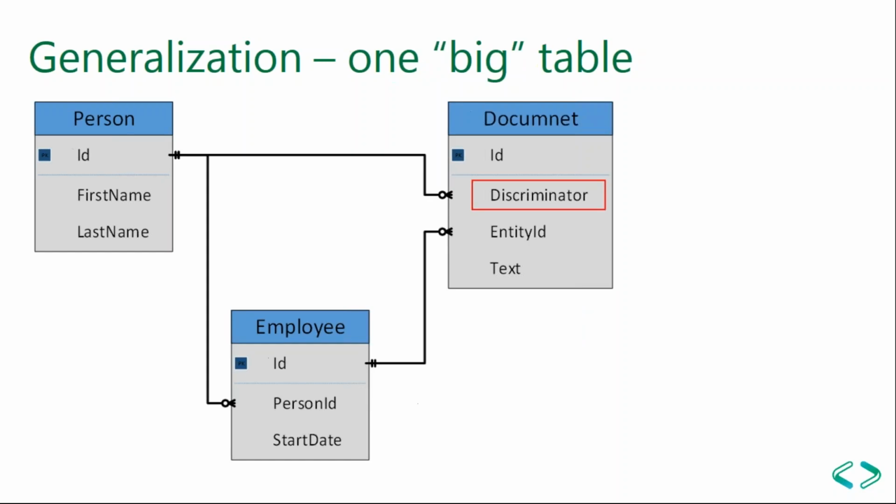In the previous case, when we have one big table, if I need some data about a person, I need to query too many rows and take care of the discriminator. So in this case, we have two possible solutions, and you can consider what will be best in your case.